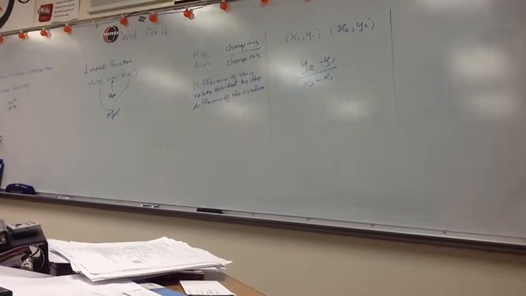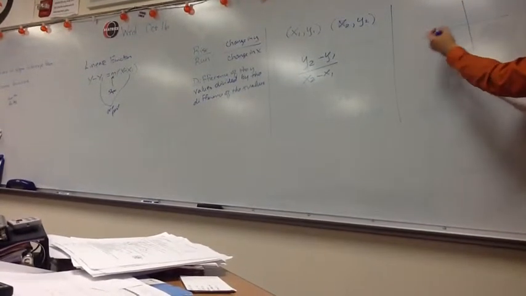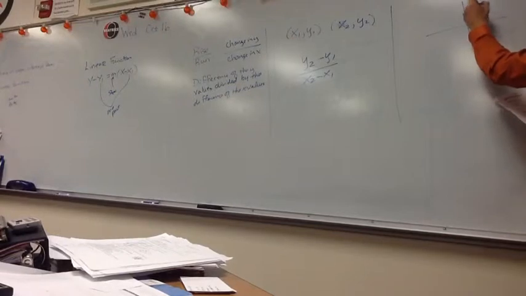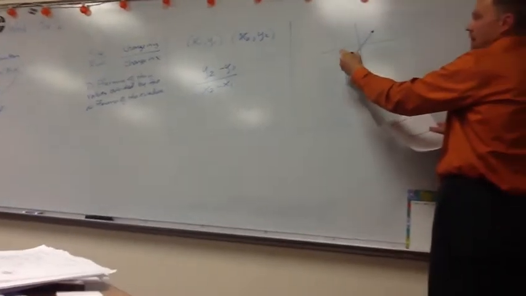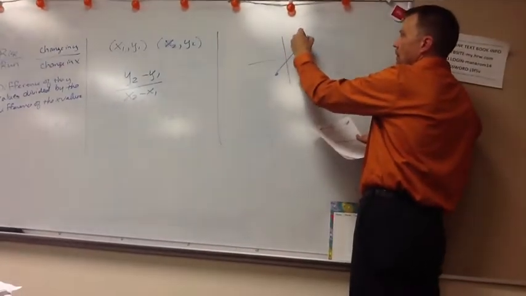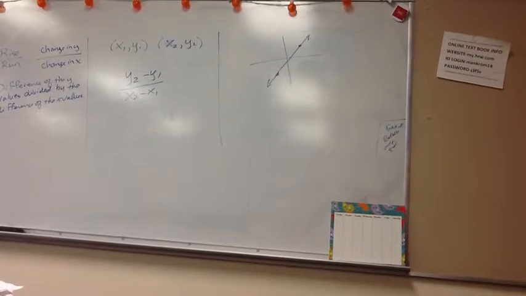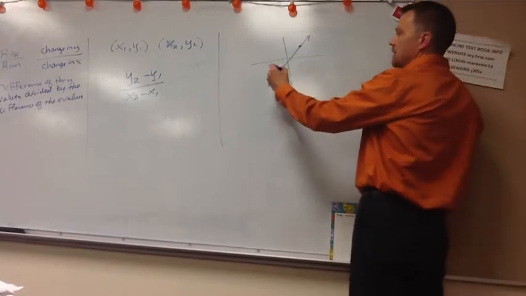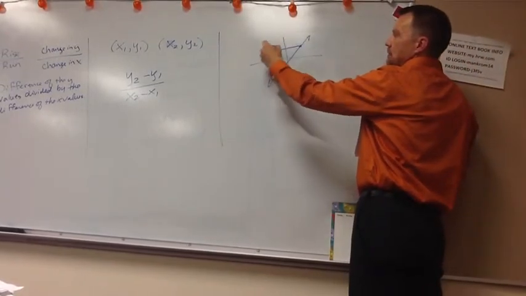The graph. There's those 2 points, which was our objective from 2-3. Can you graph 2 points? And then this is your rise. Here's your run. Here's your slope.